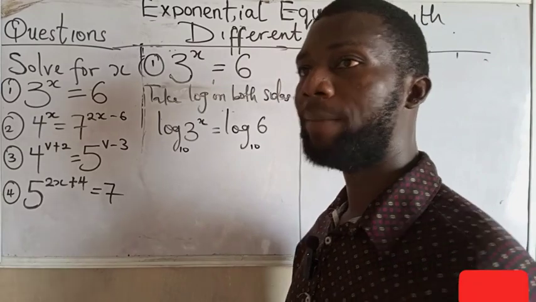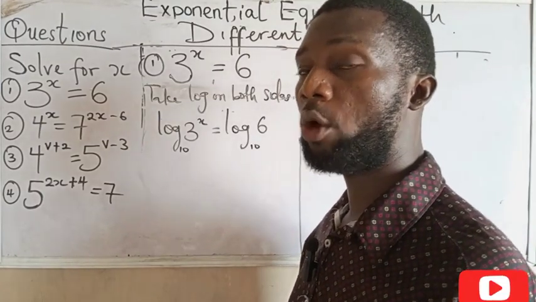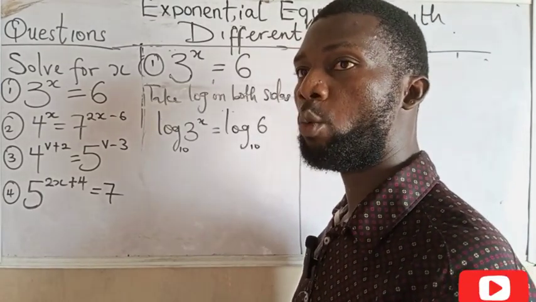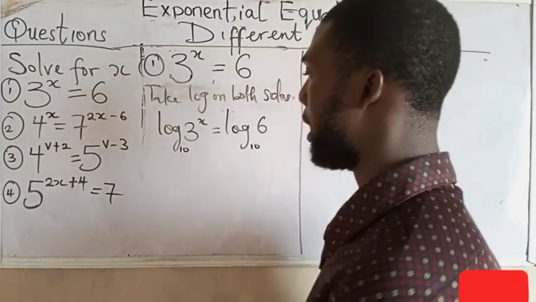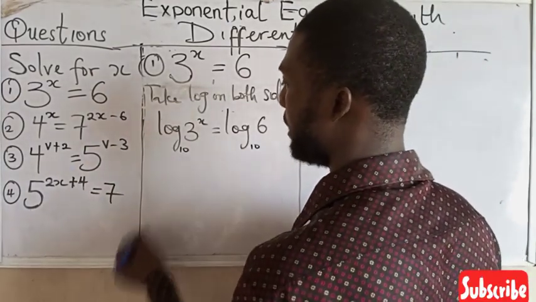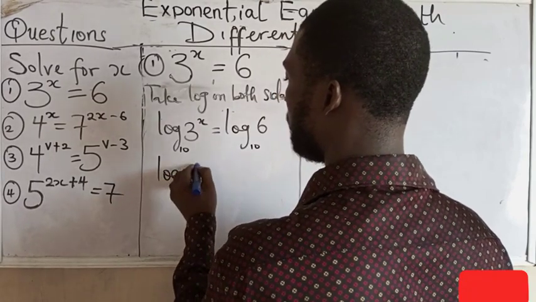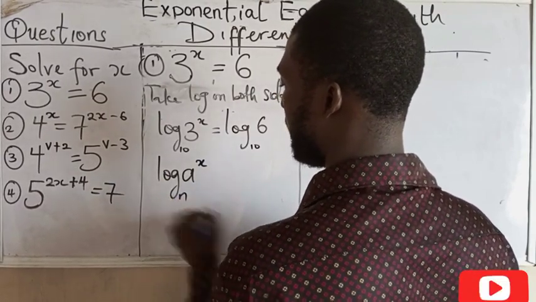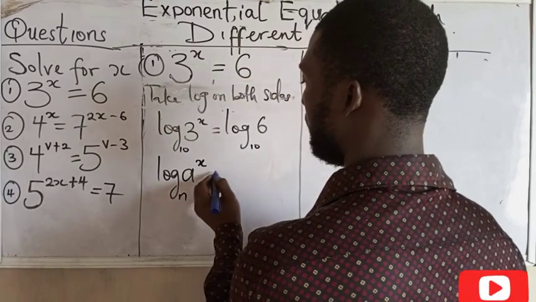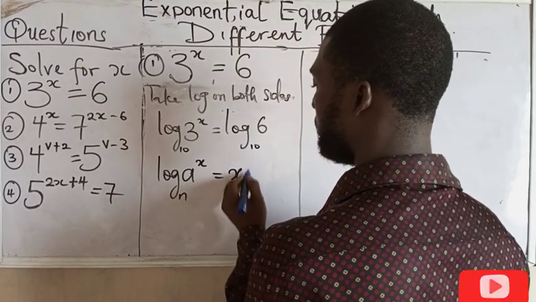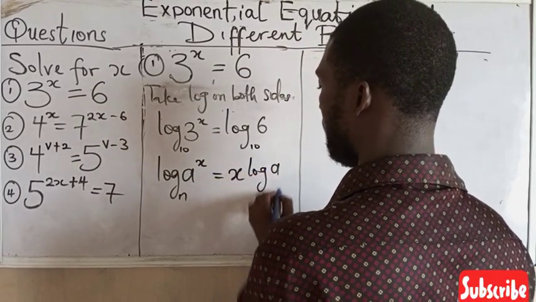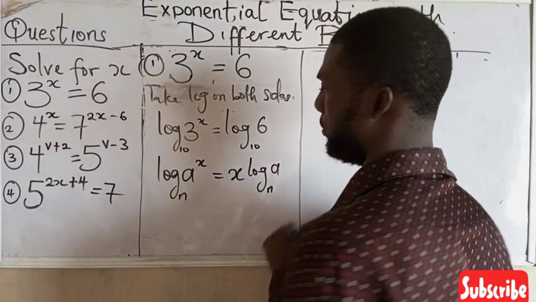This property is called the power law of logarithm, one of the laws of logarithm. The power law of logarithm states that if you have log a raised to power x in base n, then it's the same as saying x log a base n.